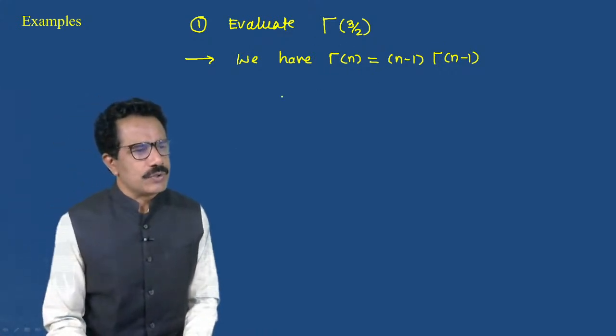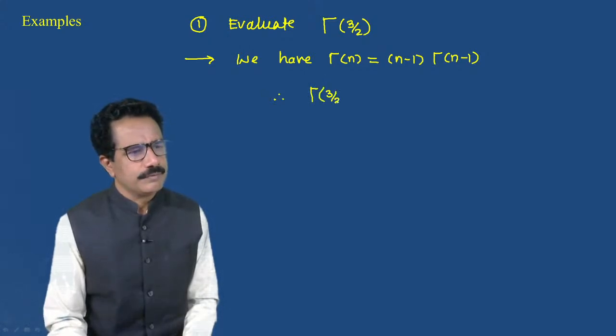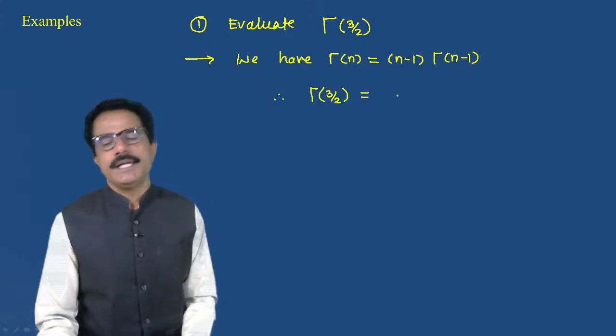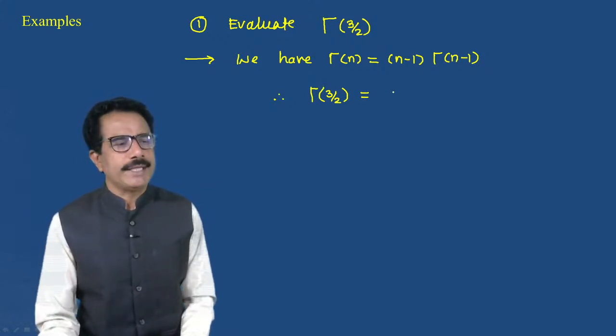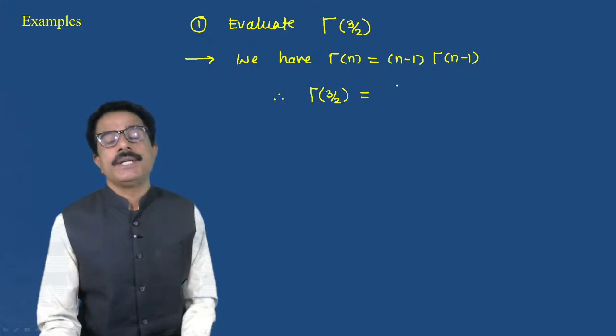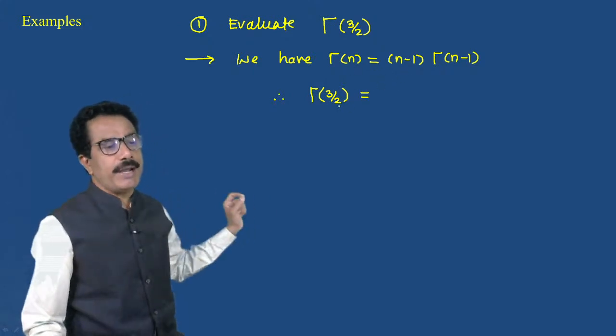So gamma 3 by 2 can be written as 3 by 2 minus 1, gamma of 3 by 2 minus 1, because n is 3 by 2 here.